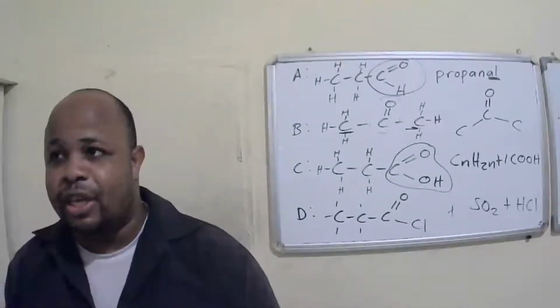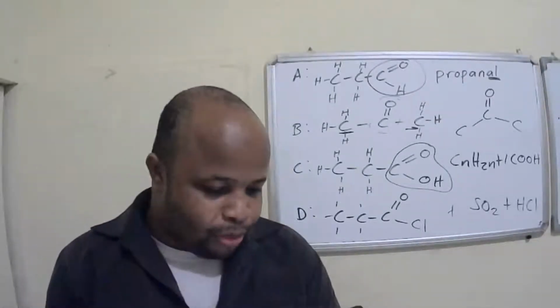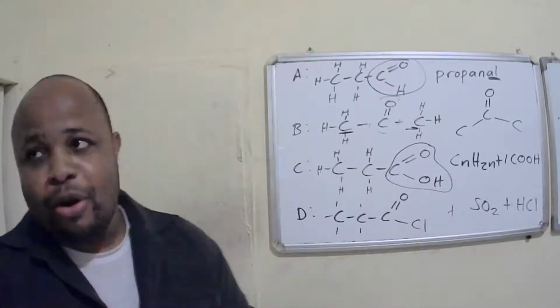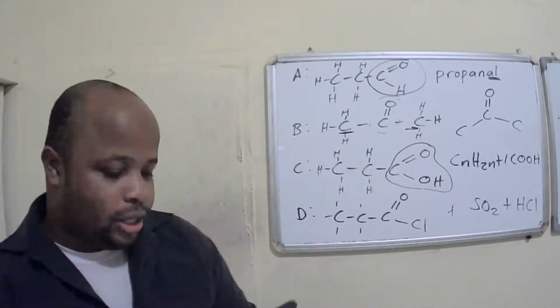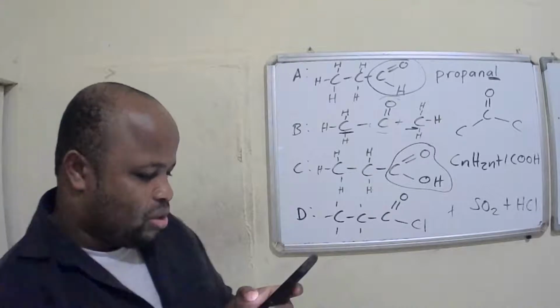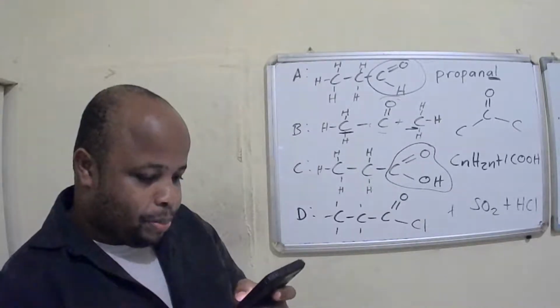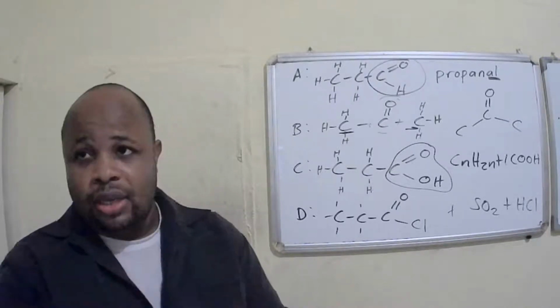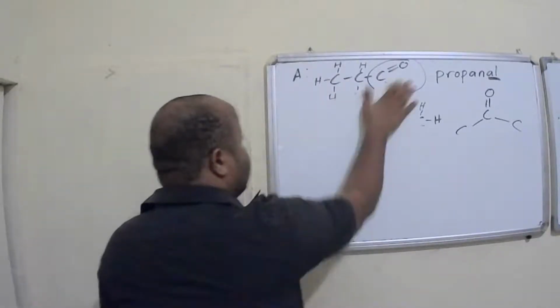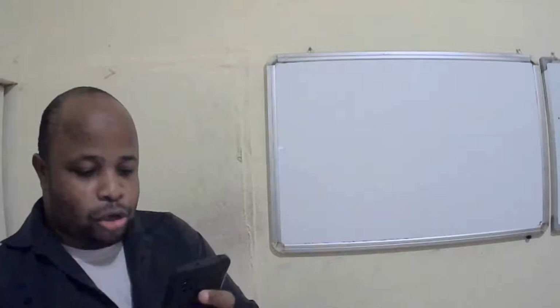Part B is the same kind of empirical formula question, but with a different type of working out. If you watched the 2016 past paper video I uploaded, it's similar.